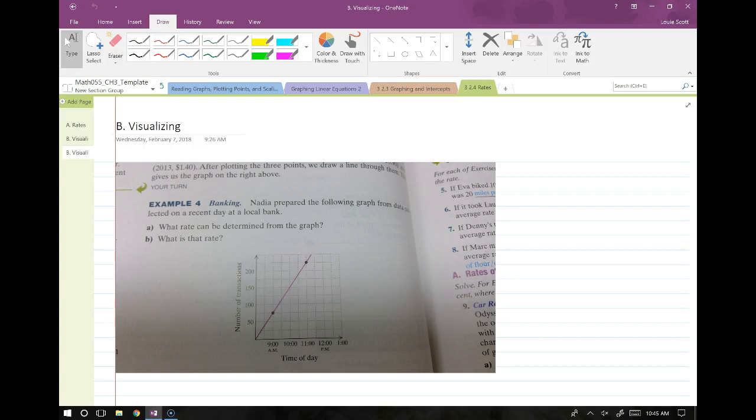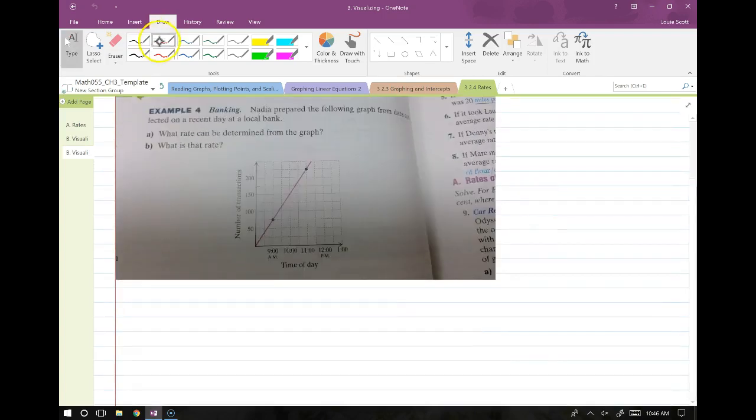This example says, Nadia prepared the following graph from data collected on a recent day at a local bank. First they want to know, what can we determine from this graph? Second, what's the rate of this graph? The axes are number of transactions and time of day.